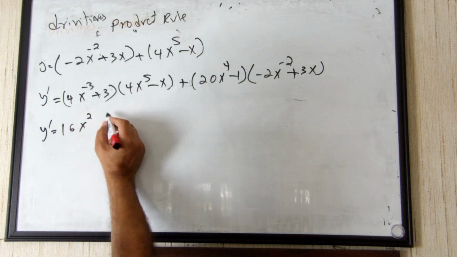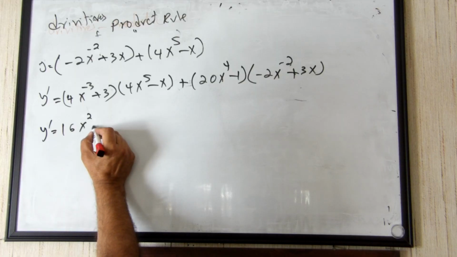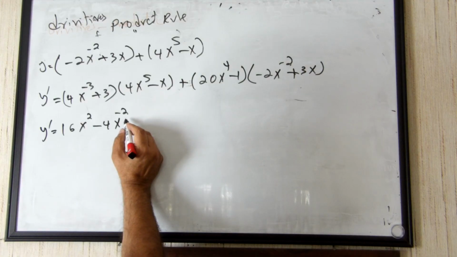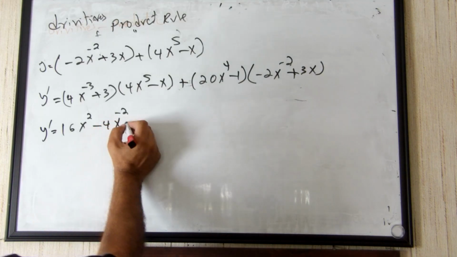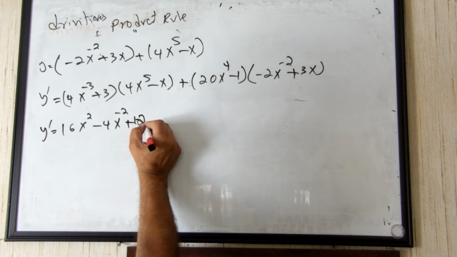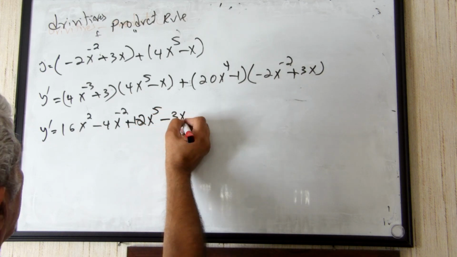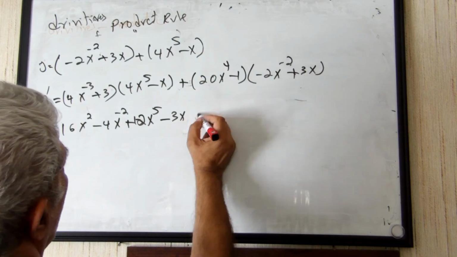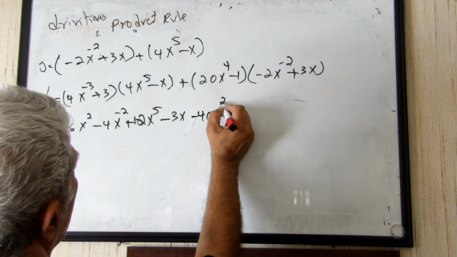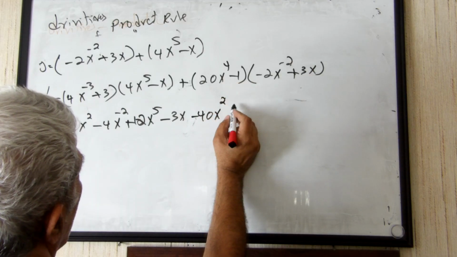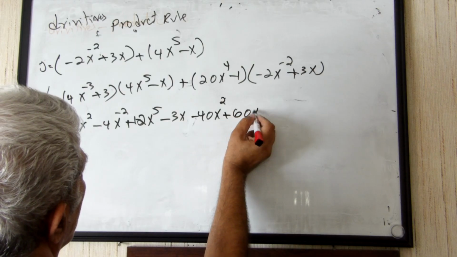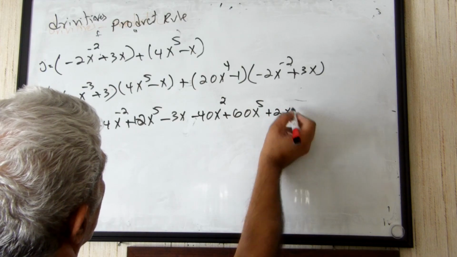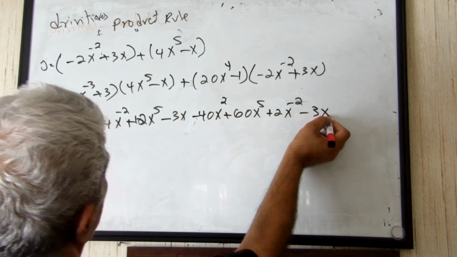Then this one times this one is going to be minus 4x to the power of minus 2 plus, minus 3 plus 1 is going to be minus 2. And plus 12x to the 5 minus 3x. Then minus 40x to the power of 2 plus 4 minus 2, which is going to be plus 2, plus 60x to the power of 5, and then plus 2x to the power of minus 2 minus 3x. Okay.